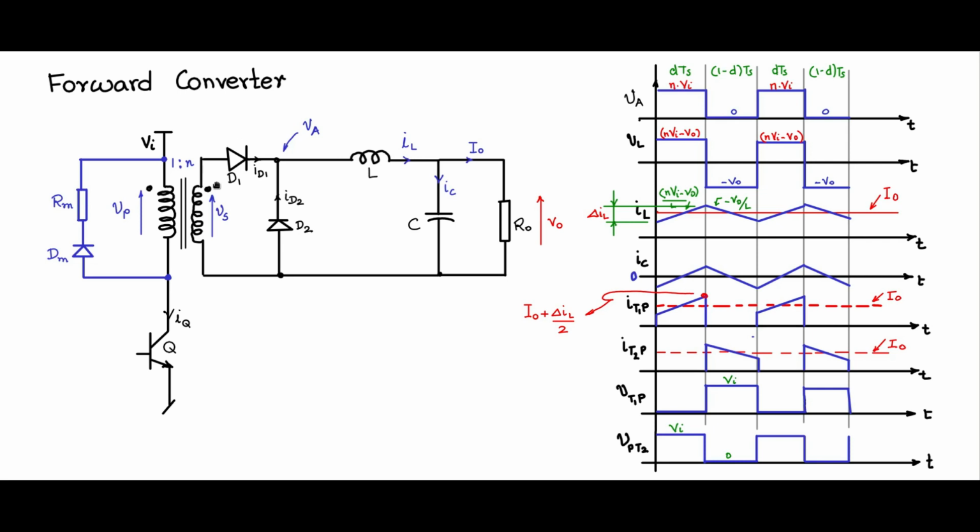So what will flow through ID1 will be equivalent to IT1P. So let us change this IT1P to ID1. So it will be that current that is flowing. So this diode D1 will be on whenever Q1 is on, and only that part of the inductor current will flow through it during the DTS time period.